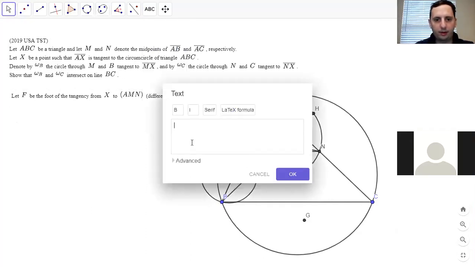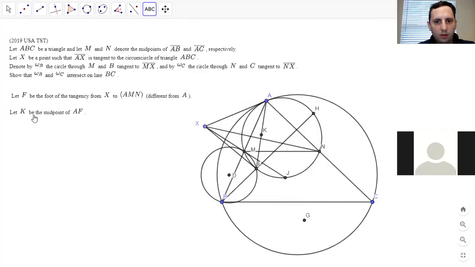So let K be the midpoint of AF. Then by the symmedian theorem, angle AMK equals angle MFJ.